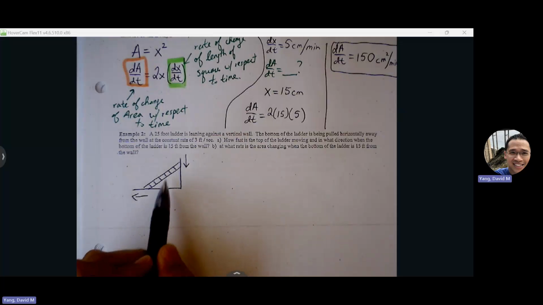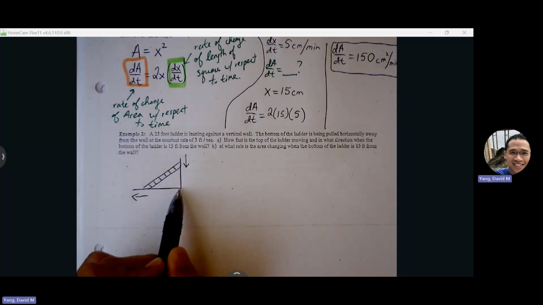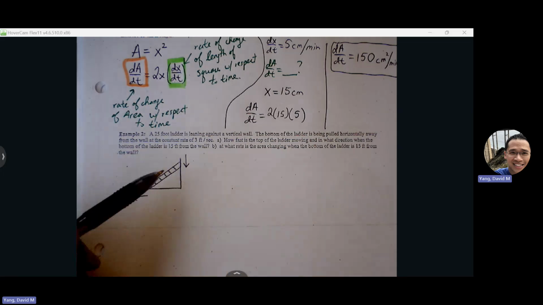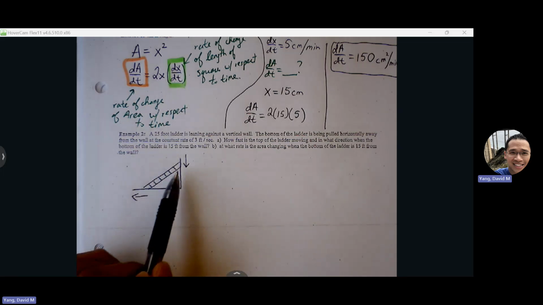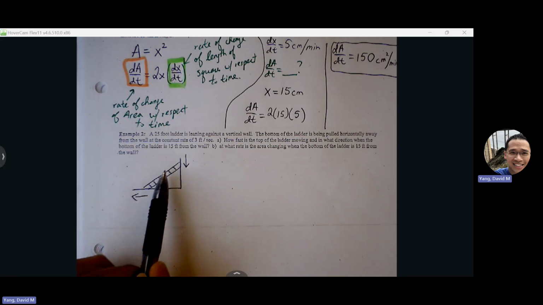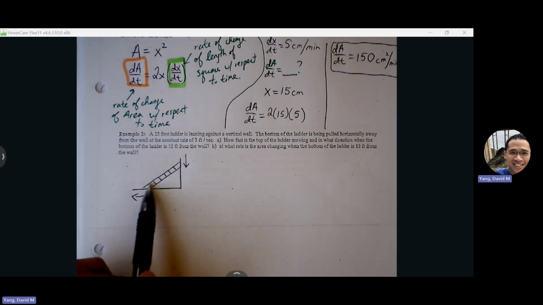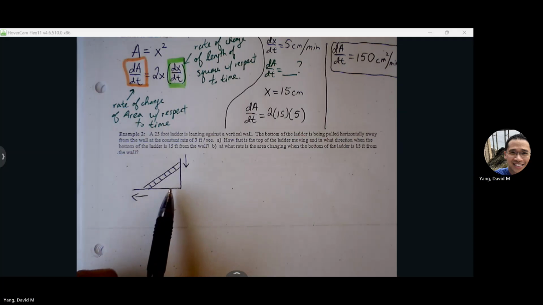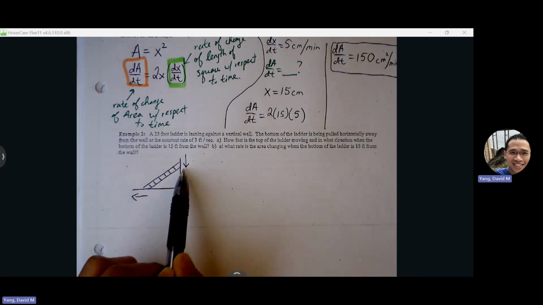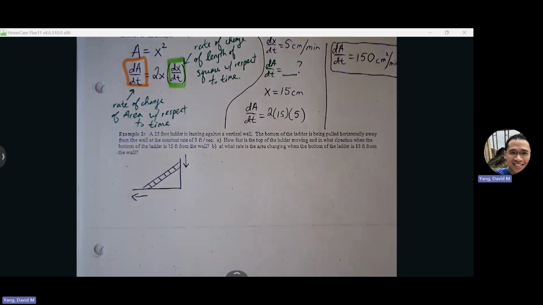Now, what we're concerned about is the sides of this triangle that's changing, right? So we can imagine that the shape of this triangle is changing as the ladder is dropping. It'll stay a triangle the entire time, but this base length is increasing over time. We can expect this vertical distance to be decreasing over time.